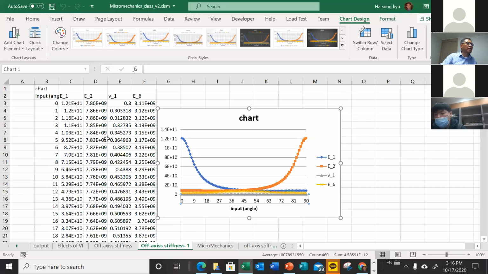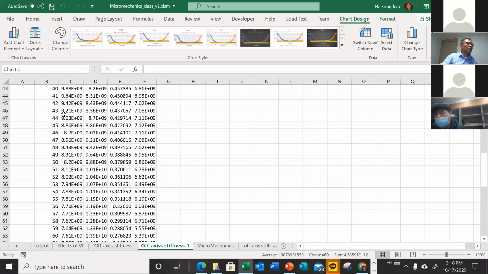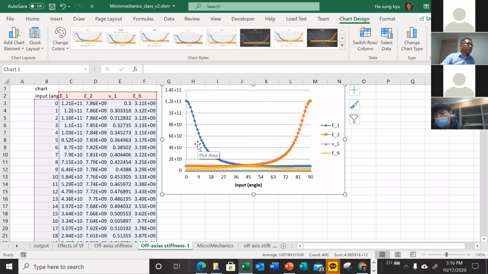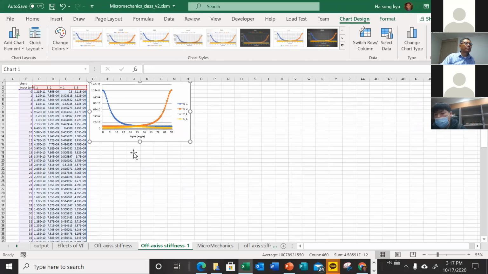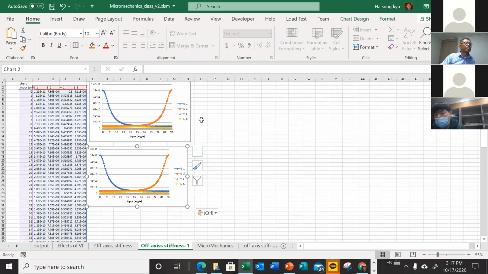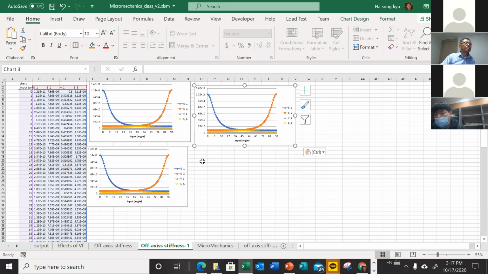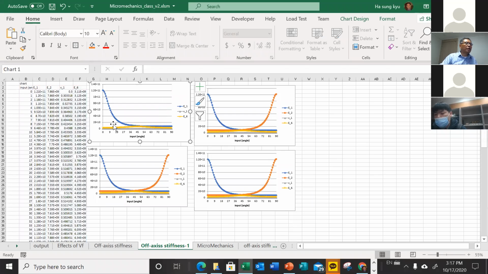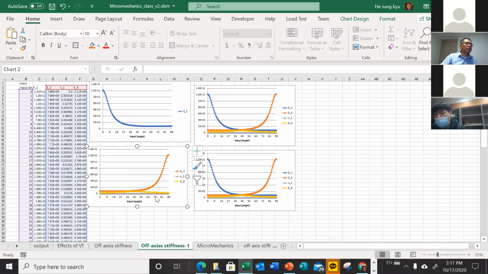Now in this case, the angle is from 0 to 90 degrees. And here only E1. And here is E2.